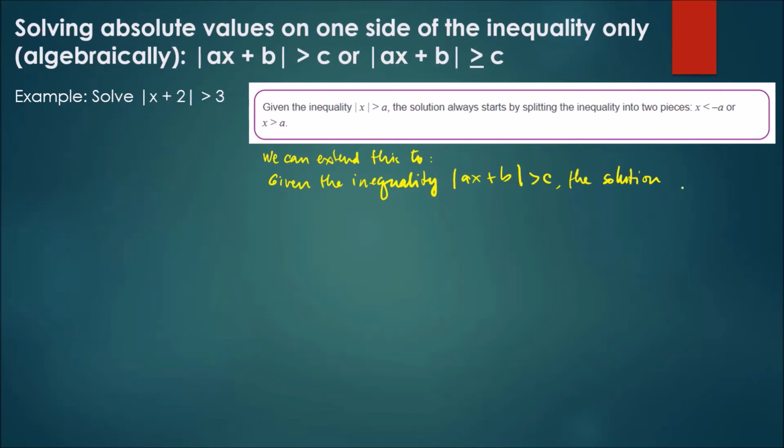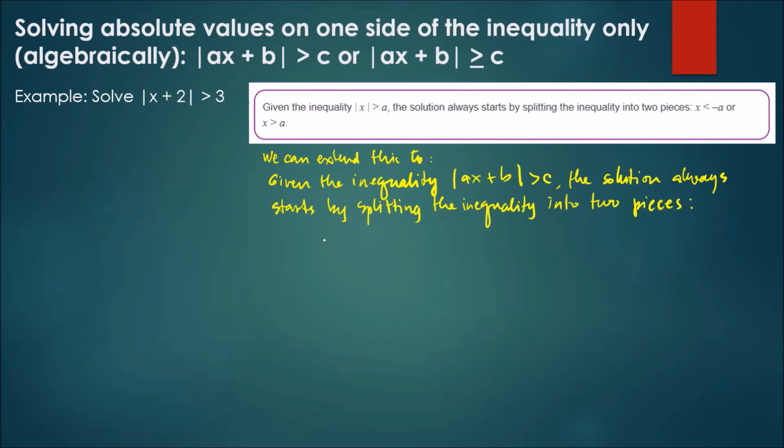always starts by splitting the inequality into two pieces.